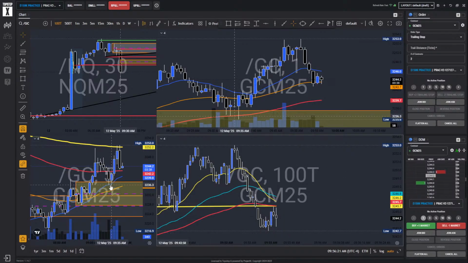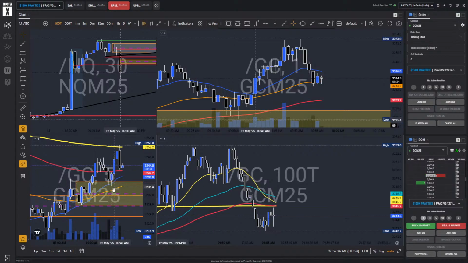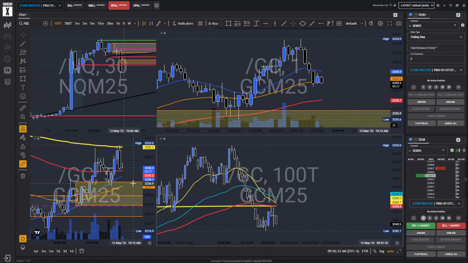Since the open, gold has opened down, hit a bottom low of 36, dropping lower to 35.8, rebounding to 50, currently settling at 43.